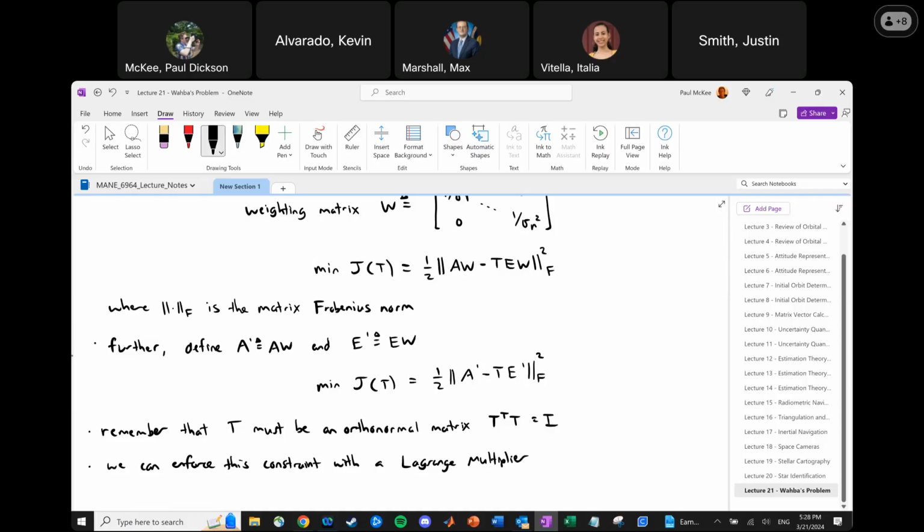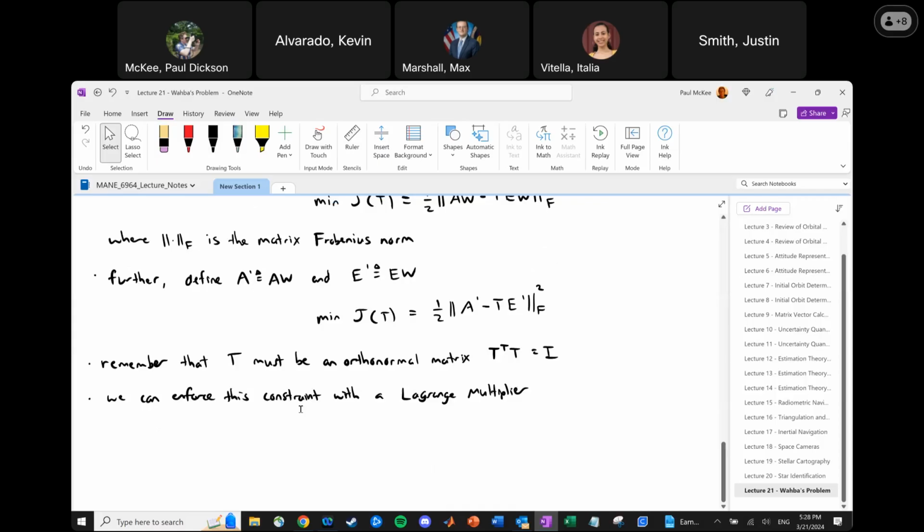All right. So what does that mean? First, we'll write the equation, then we'll talk about what each term means here. So it's the minimum J of T is equal to 1/2 the Frobenius norm of A prime minus T E prime, squared, plus the trace of capital Lambda for Lagrange, times T transpose T minus I. And so this is our Lagrange multiplier.